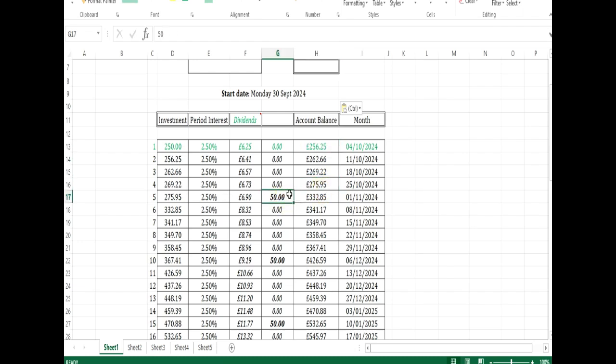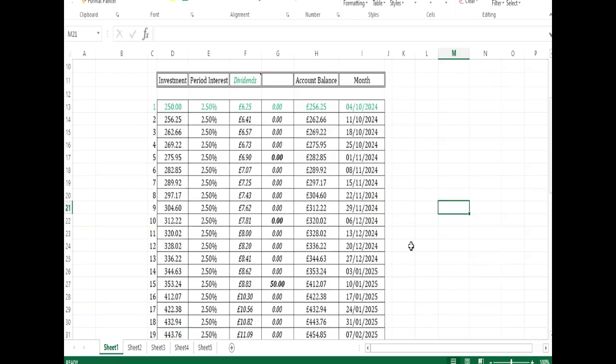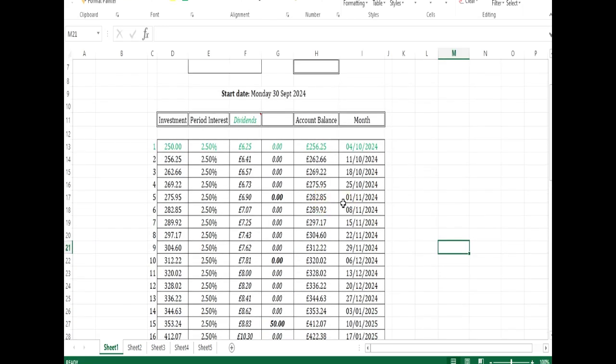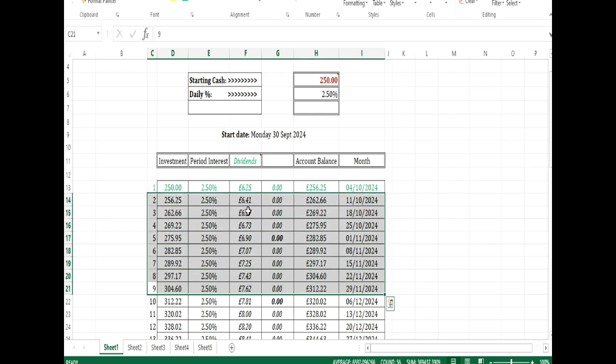Let me take that 50 away from there. That puts us about there. So I've done all those challenges, so I can mark all those green for now.